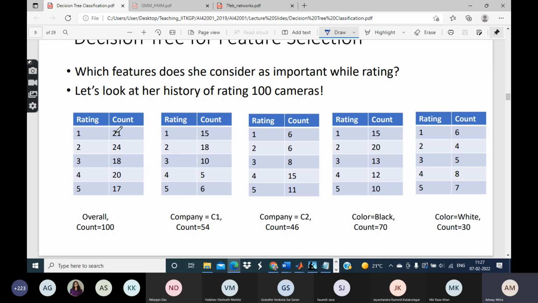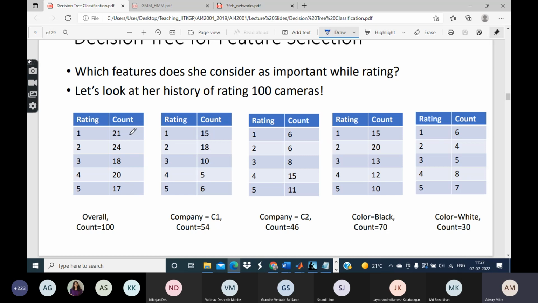So if you look at the counts of the different ratings, you will see that they are actually roughly comparable. That is, in 17 cases she has given 5 stars, in 20 cases she has given 4 stars, in 18 cases 3 stars, and so on. If it had been fully uniform, then each of them would, of course, have gotten equal ratings, so it would have been 20 each.